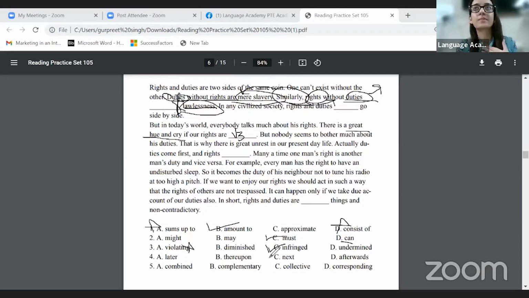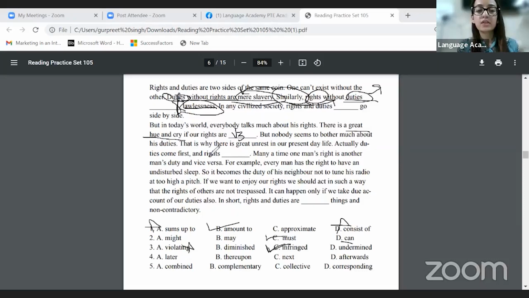Now I have a right, let's say the basic rights of the constitution, right to education, and somebody is not allowing me to go to school, then it is violation of my right, infringement of my right, and I will create a big hue and cry in that case. Otherwise, you should have a basic knowledge of the words that are used in particular contexts, like in law language, violation, infringement, rights, duties. These are very common group of words used.